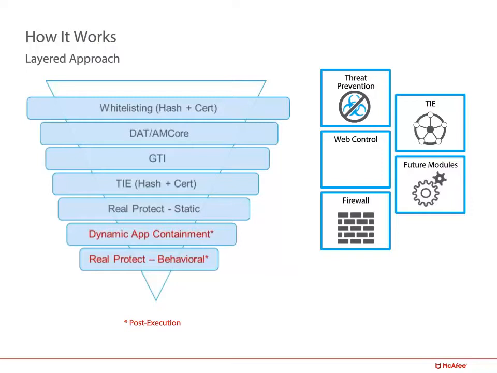Analysis happens on the endpoint and compares it in the cloud to a wealth of threat behaviors to reach a conclusion. If convicted as malicious, Real Protect will then take an action to remediate the threat, learning from the behaviors it has witnessed.